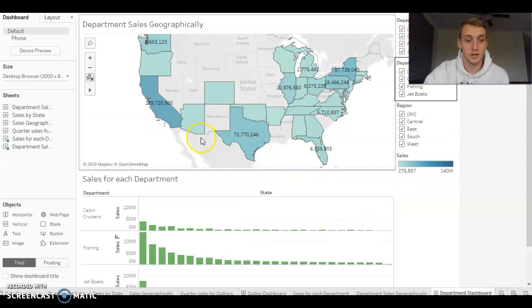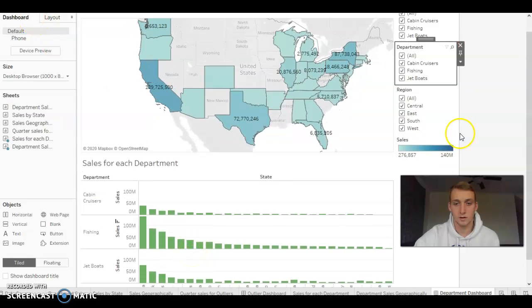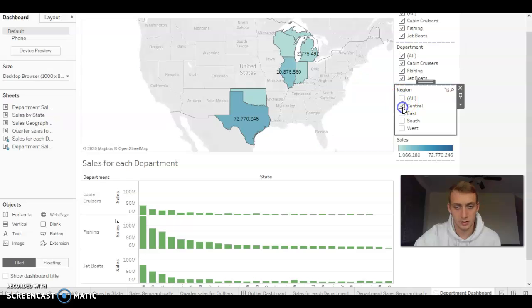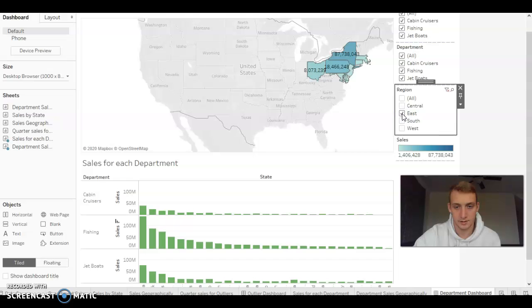From all this information, I was able to create another dashboard showing the changes between these two sheets. From here, you are able to select which region you want to look at, and you can see which one had the highest sales for their area.